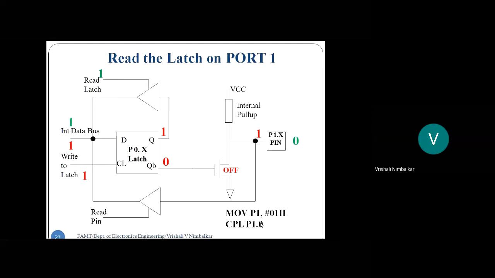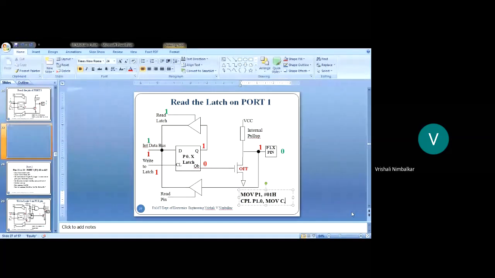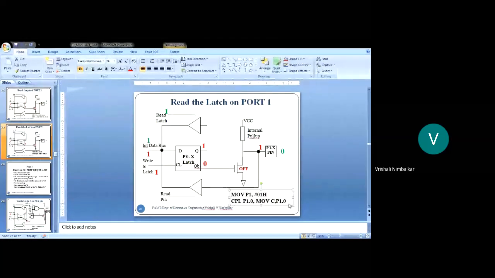So what we should do is, like we did last time, first MOV take it in the accumulator carry flag, whatever data I want, P1.0. I should take it in the carry flag, and then I should complement the carry, and then I should save it.